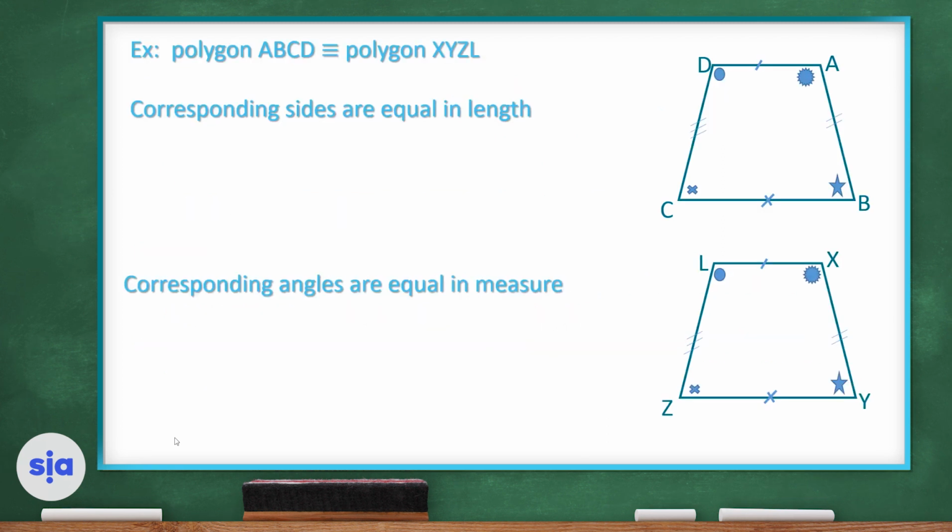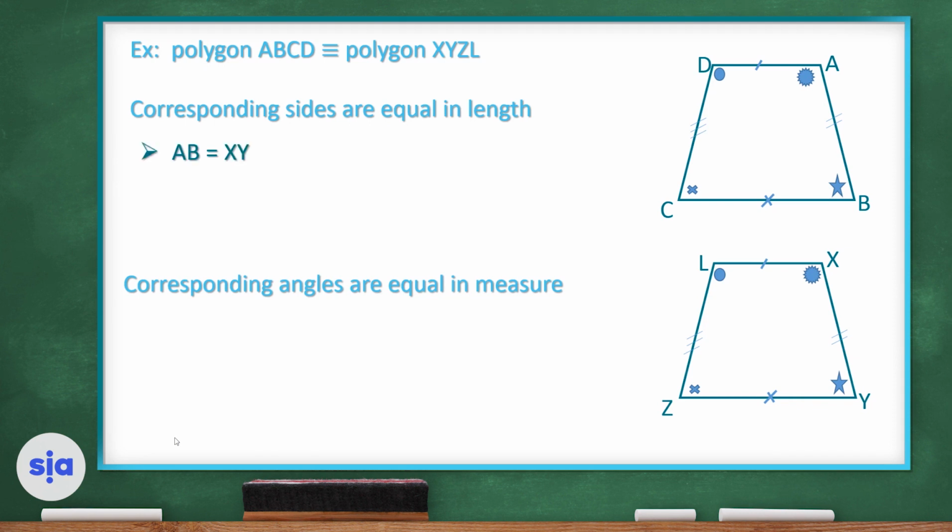Let's go to this exercise. If it's given that polygon ABCD is congruent to polygon XYZL, then the corresponding sides are equal and also the corresponding angles are equal. So what are the corresponding sides that are equal in length?